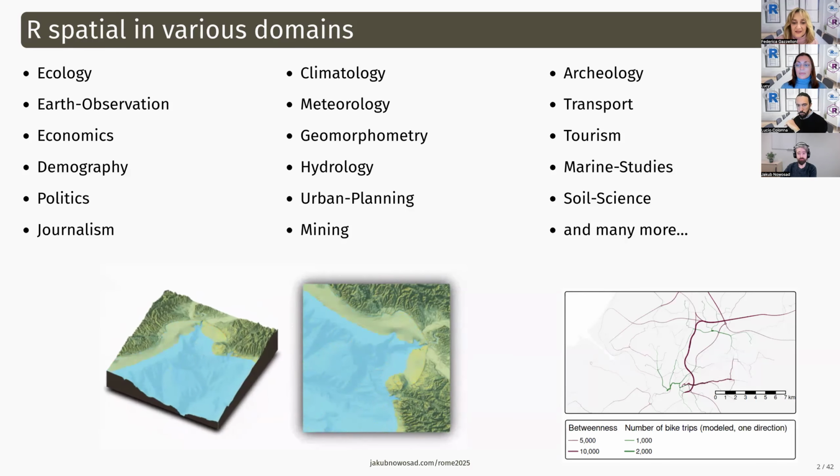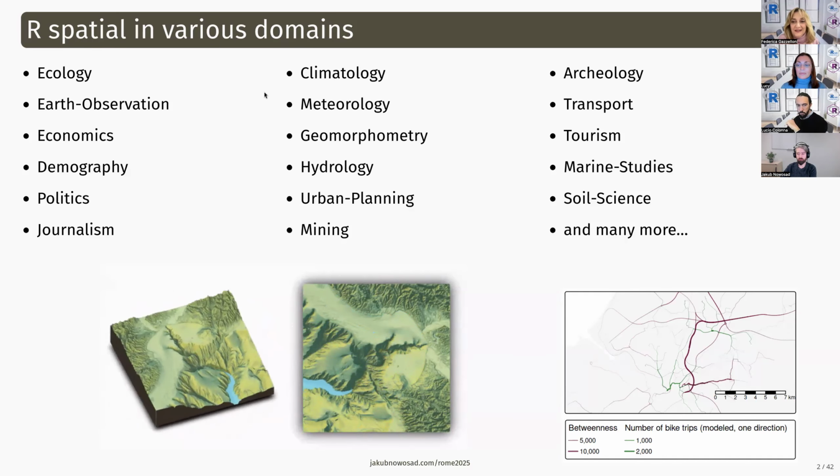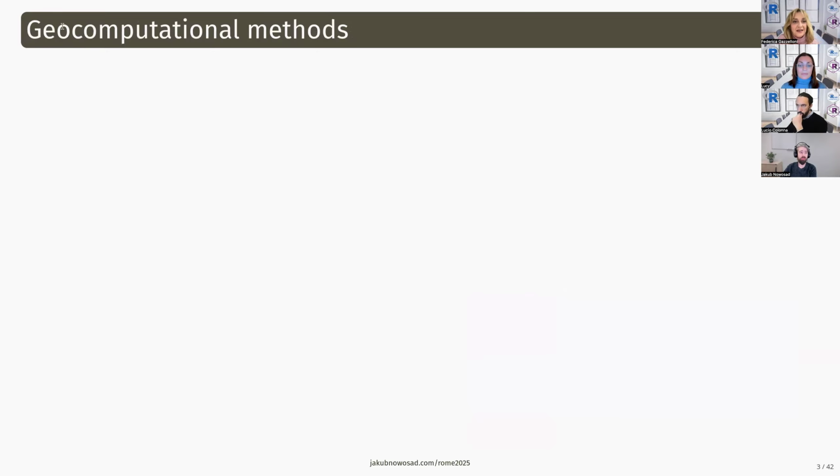And then we, of course, have methods. So we try to think about how to solve specific problems. And we can think about those methods in a very general sense. So we can think about those methods in the sense of exploratory data analysis. So we want to explore our data, but with this spatial view.